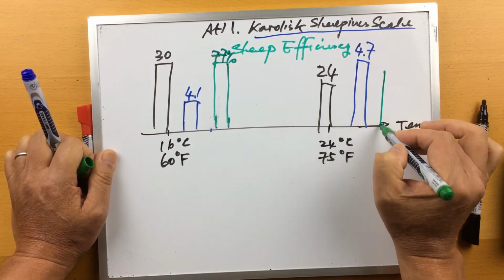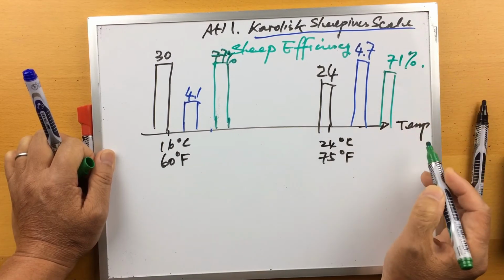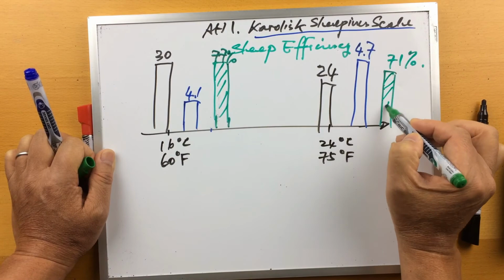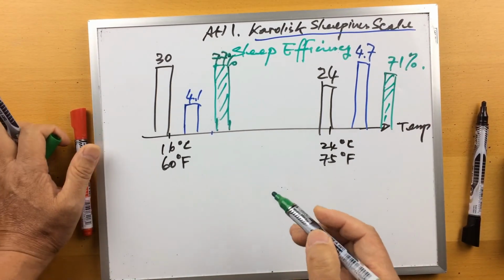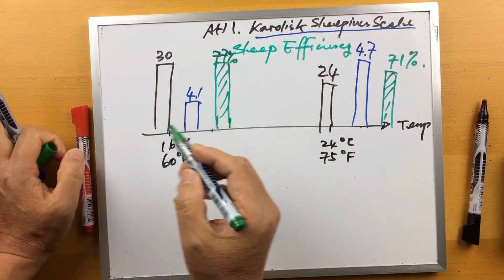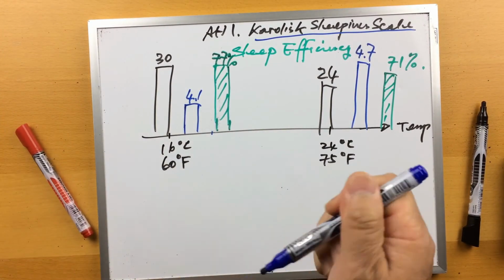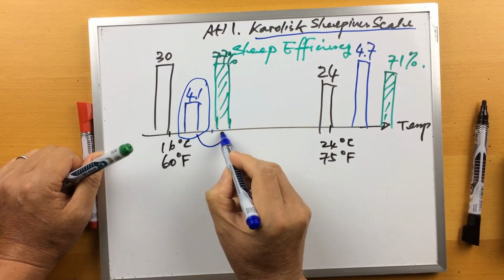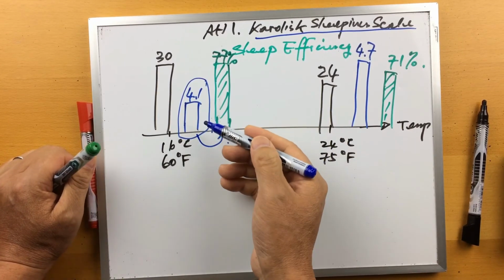However, at 24, it reduced. It is 71%. So this is the sleep efficiency. So it looks like the sleepiness has more to do with your sleep efficiency.